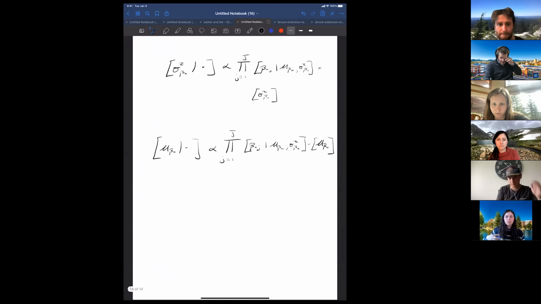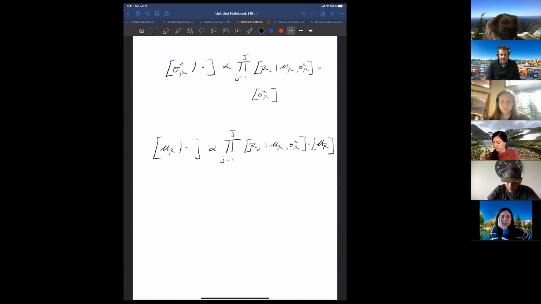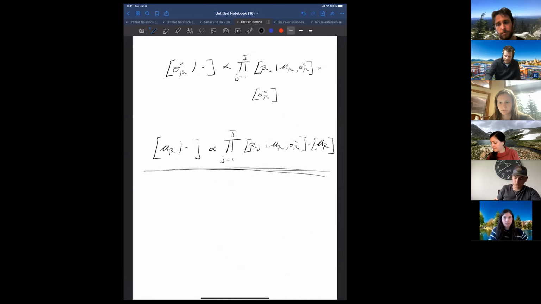So we have 8 steps in our Metropolis Hastings sampler to write. And that's our next step. Write out Metropolis Hastings sampler for these.